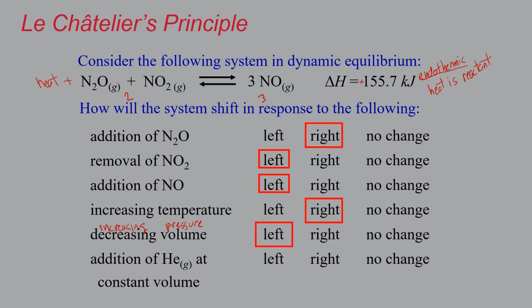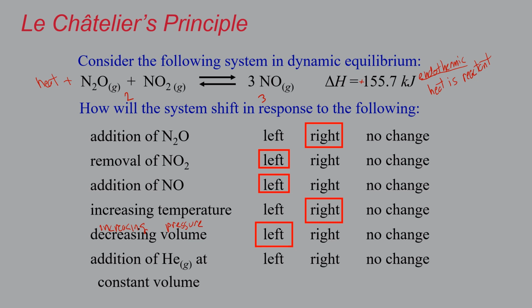And saving the best for last, what if I added a bunch of helium at constant volume? Now, what matters here, and think back to Kp, right? So how are these last two different?